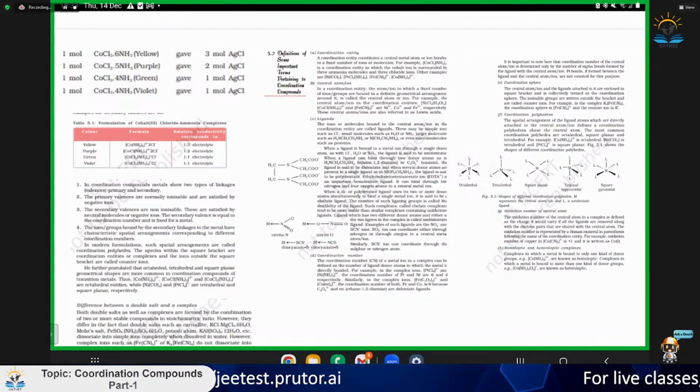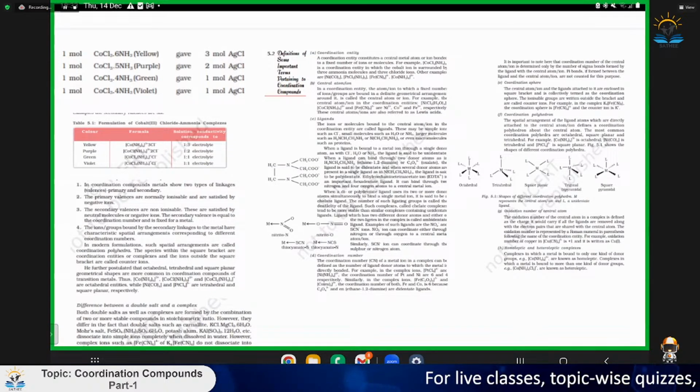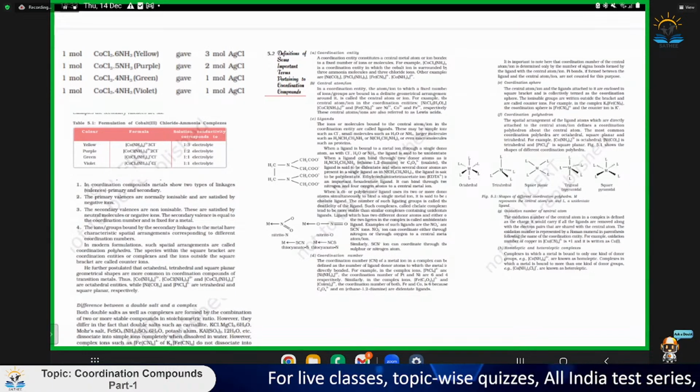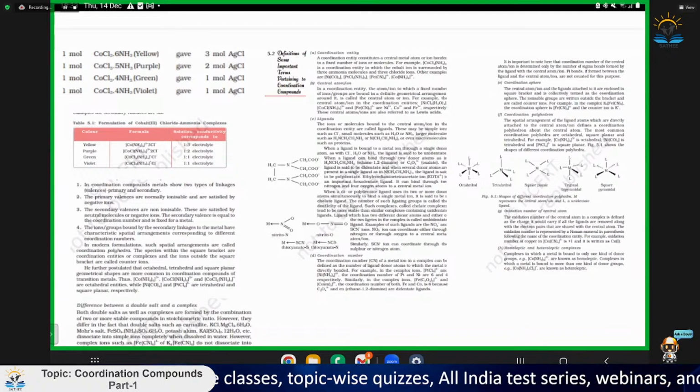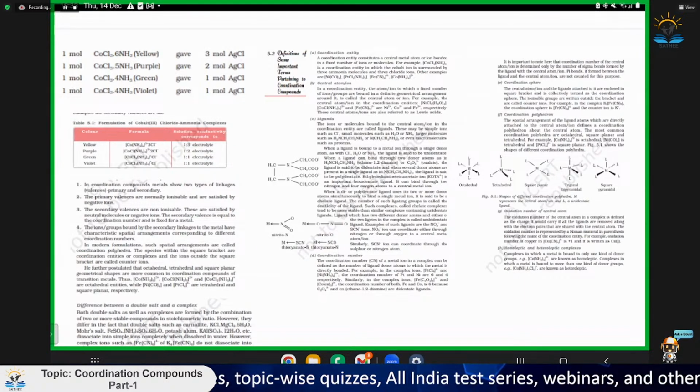The ions or groups bound by secondary linkages to the metal have a characteristic spatial arrangement corresponding to different coordination numbers. For example, CoCl3.4NH3 has 2 spatial isomers, cis and trans, with 2 different colors.